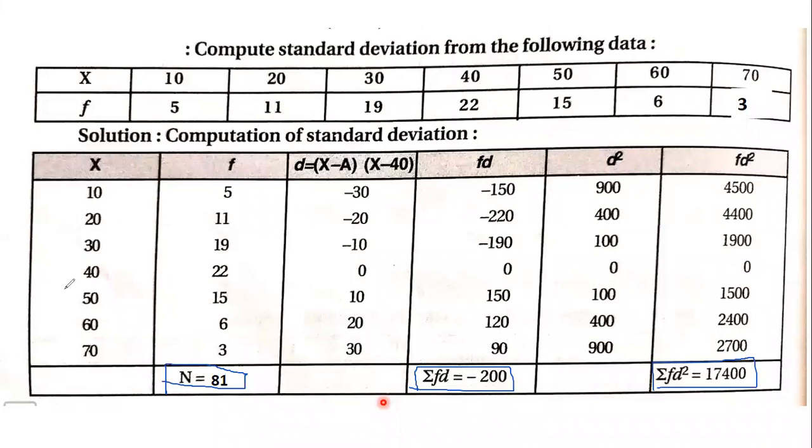And what is our assumed mean? Assumed mean is 40. So this is the central value, that is where we took it as assumed mean. Okay, so hope everybody understood the table completely.